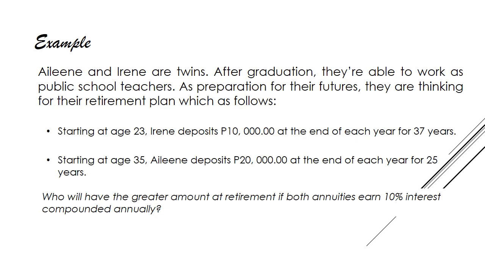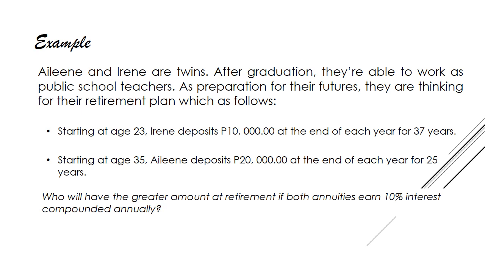Alright, so now let's go with the example. Eileen and Irene are twins. After graduation, they were able to work as public school teachers. As preparation for their futures, they are thinking of a retirement plan, which is as follows. Starting at age 23, Irene deposits 10,000 pesos at the end of each year for 37 years.